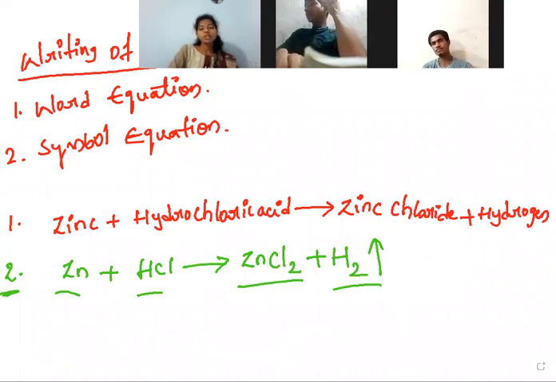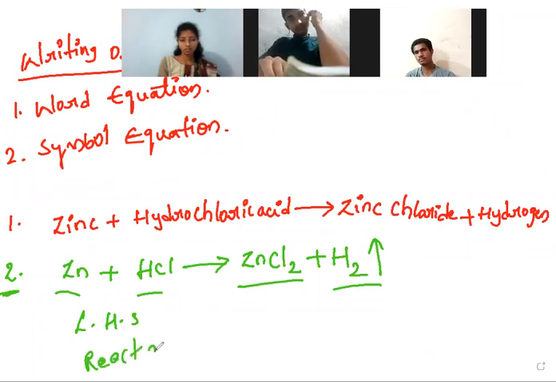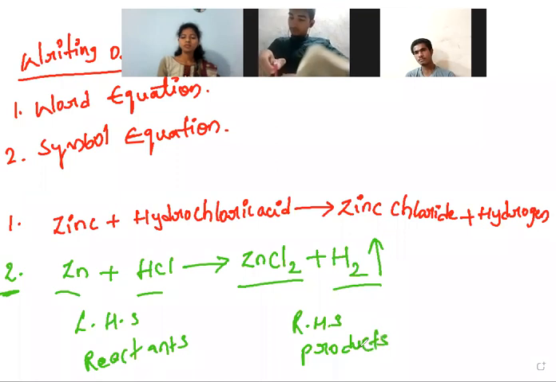In this chemical equation, the left-hand side is always called reactants, and the right side is called products. The arrow separates the reactant side and product side.